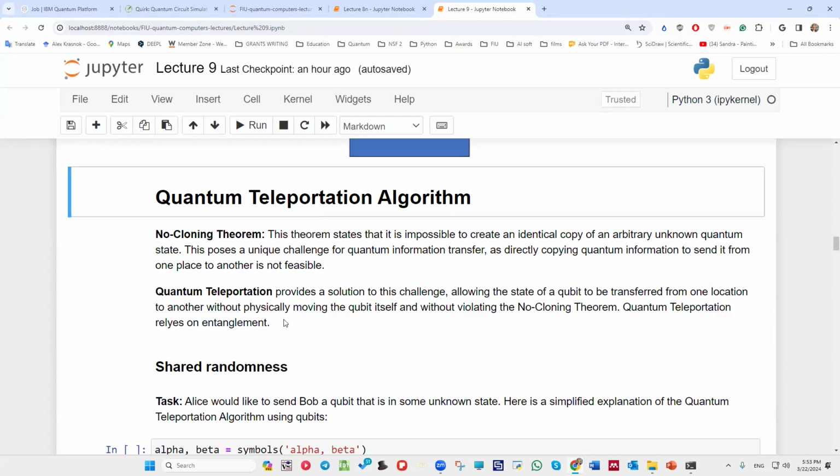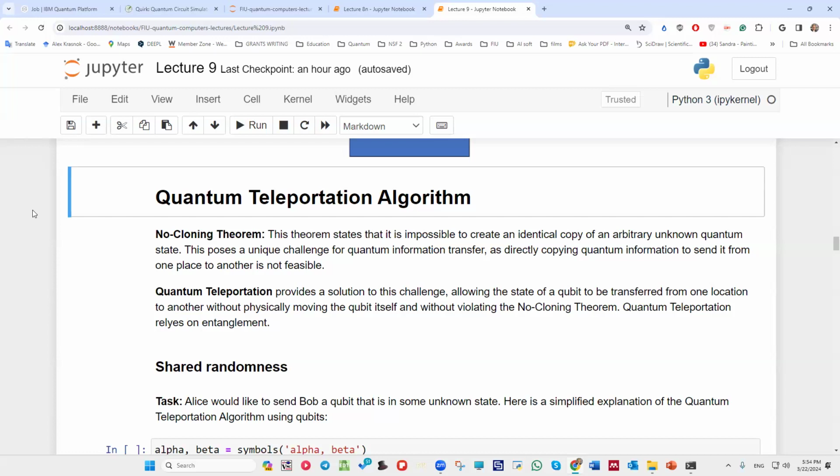At this point, we always state that this is a completely different meaning of the word teleportation. You probably heard this word before, like teleport, in movies, where they use it to teleport objects or people from one place to another.